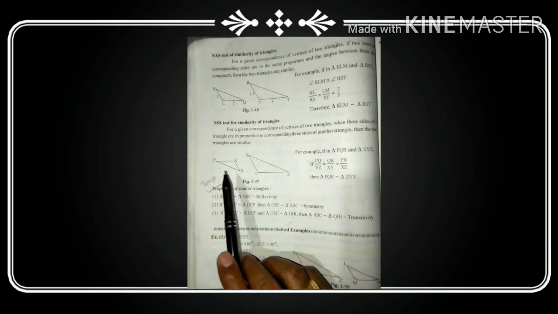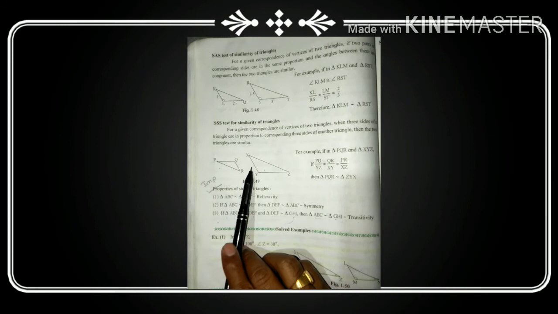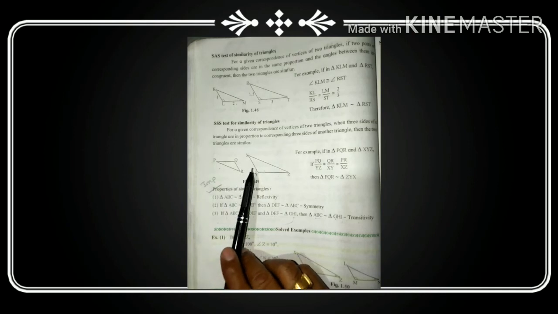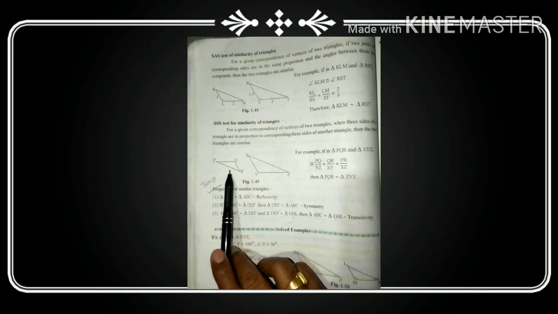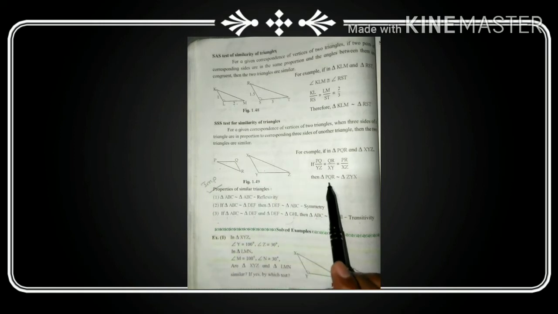In these triangles, side PQ is in proportion to side XY, then side QR is in proportion to side YZ, and then side PR is in proportion to side XZ, and hence these two triangles are similar to each other.